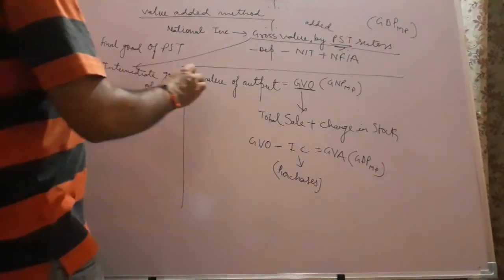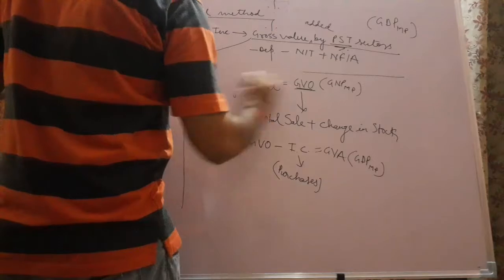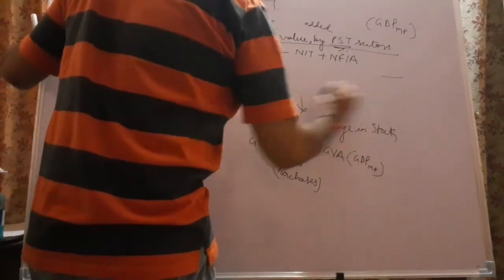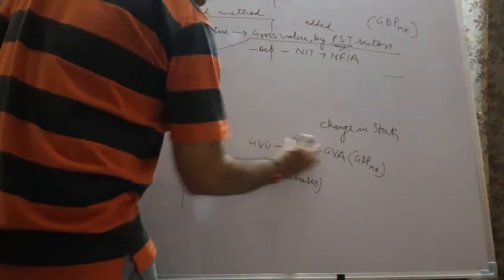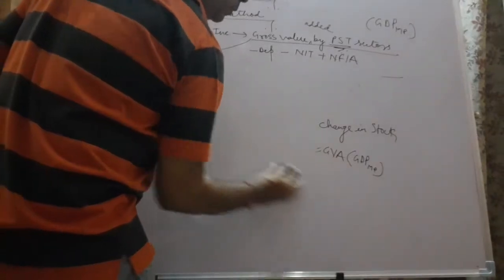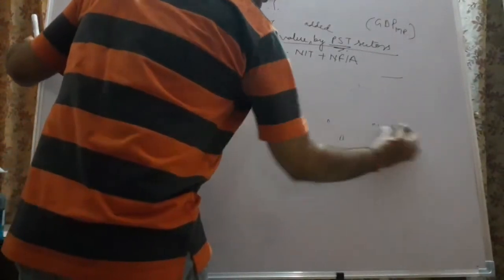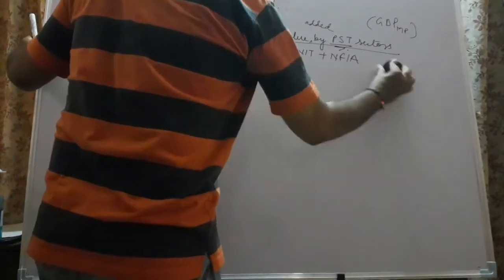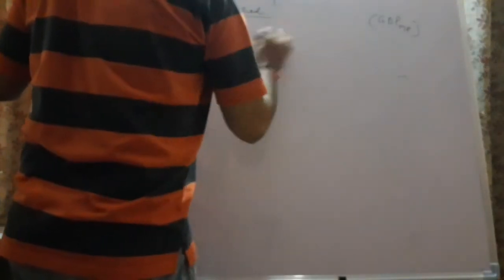I am giving you one example, and you have to practice more questions. So the example is: we have to find gross value added by firm A and B.